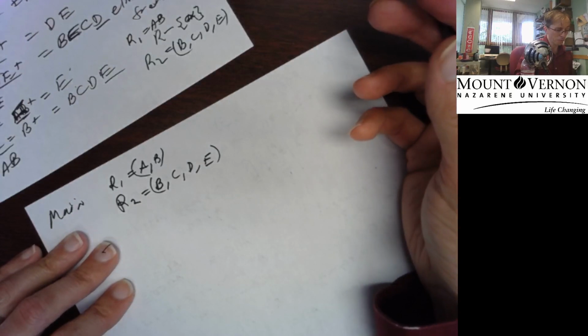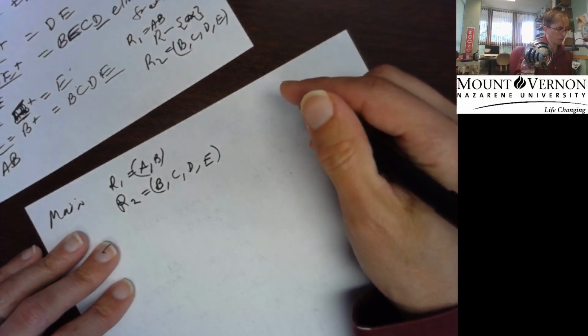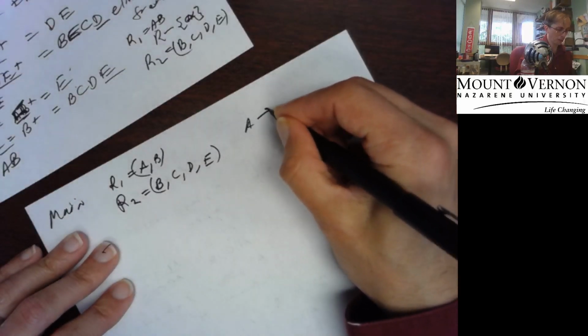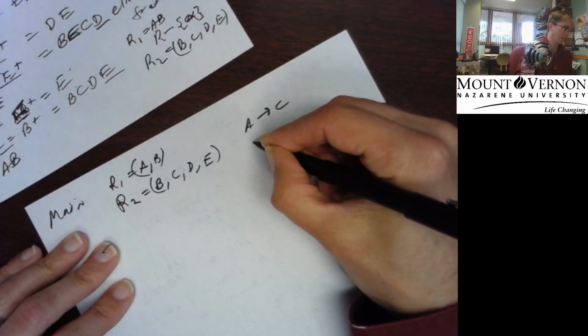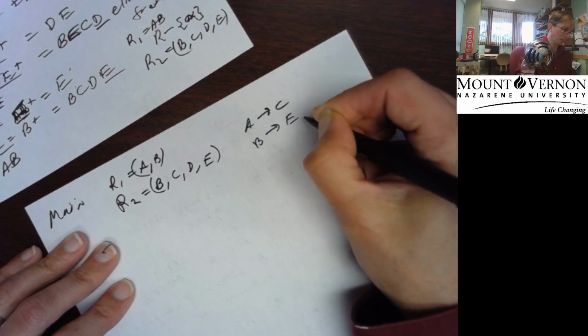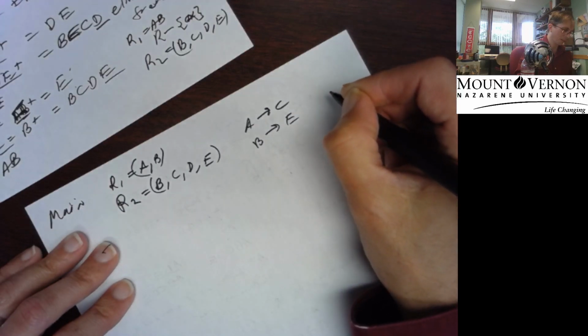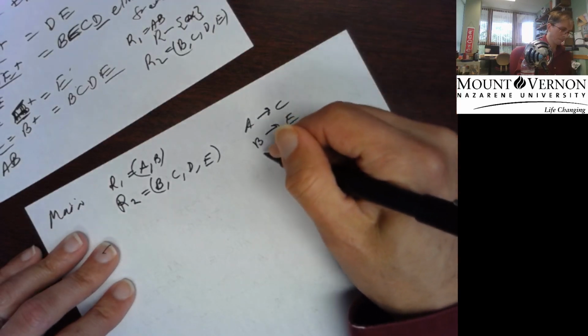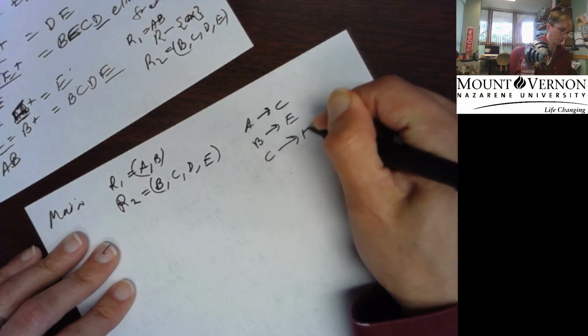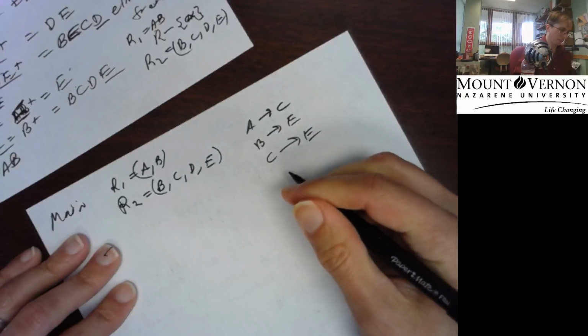I might need them, I'm not sure. But I know from the original functional dependencies, like by transitivity, A functionally determines C. I have B functionally determines E, right? And then C functionally determines E on that. So now I'll have those.